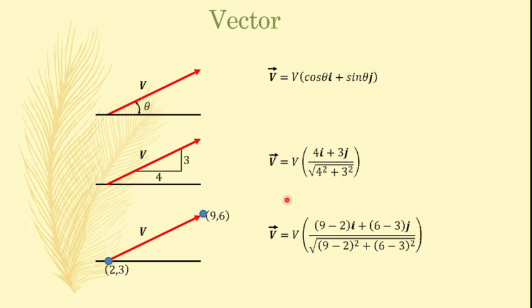We can also represent any vector if the coordinates are known to us or we know the slope. If we know the coordinates of any two points on the line of action of this vector, then we can calculate the unit vector in this way. Suppose this one is (x1, y1) and this one is (x2, y2).